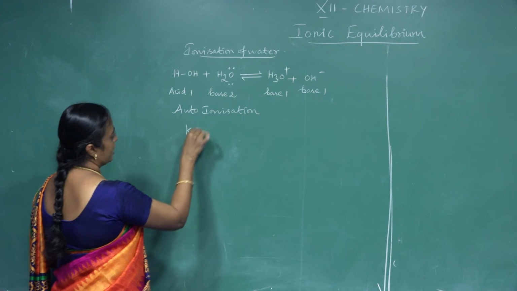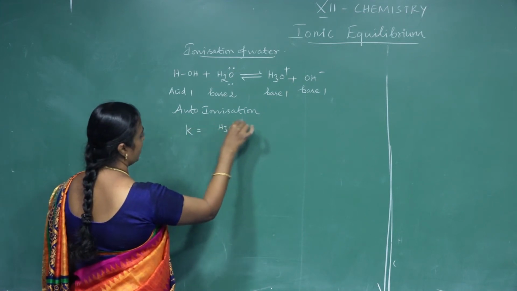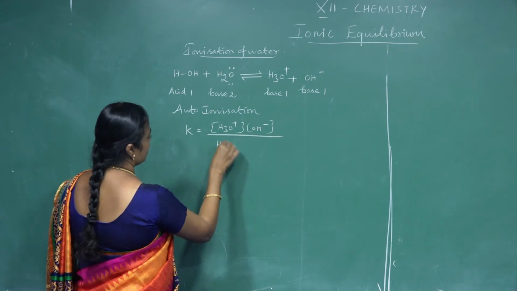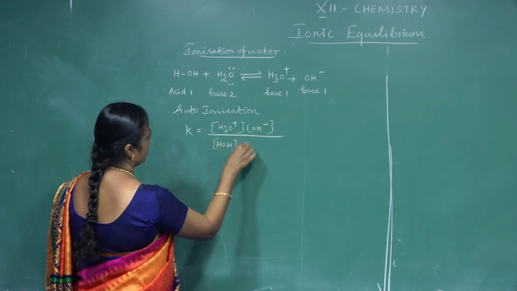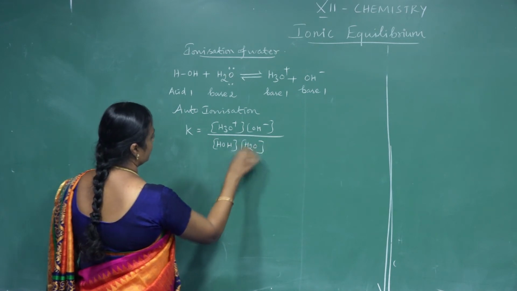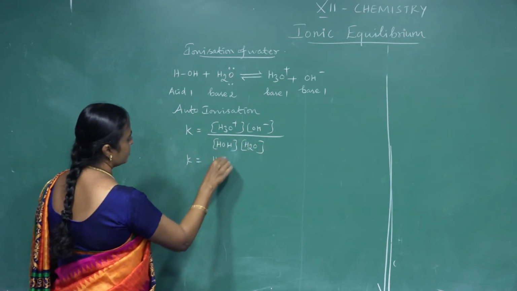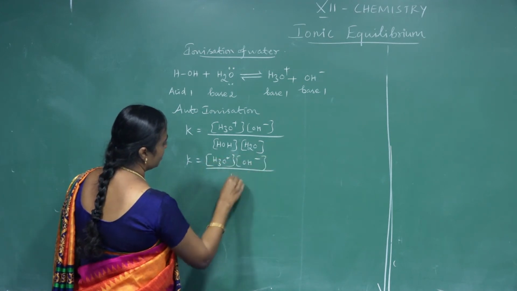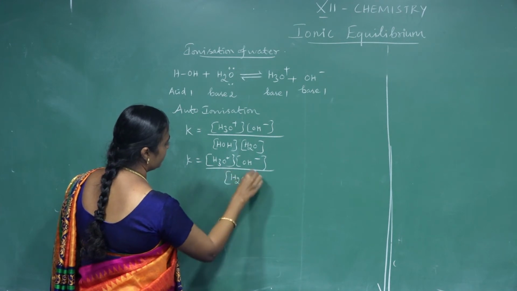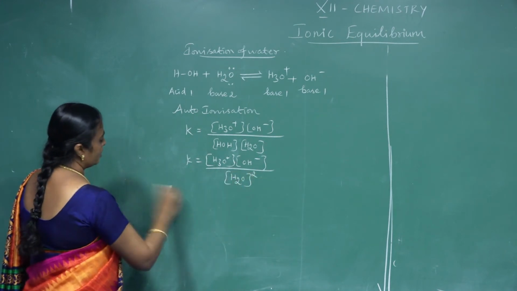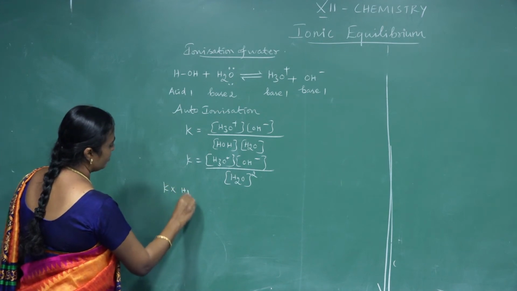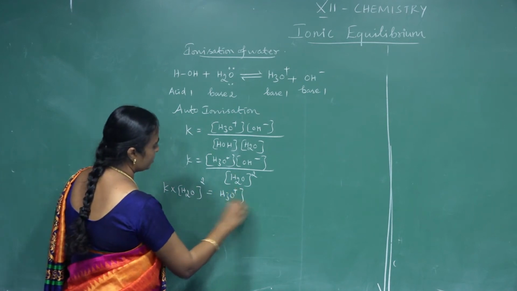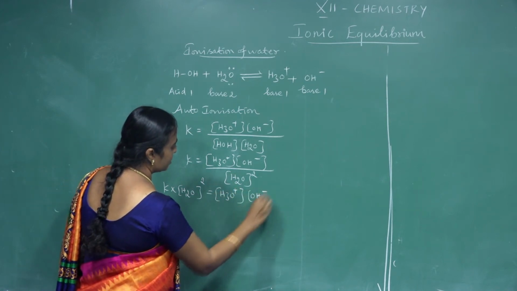For this process, I can write K as the concentration of hydronium ion, concentration of hydroxyl ion, over the concentration of water and water again. So K is H3O plus and OH minus over H2O squared. Taking the water to the other side, K times H2O squared, that concentration term, will be equal to H3O plus and OH minus.